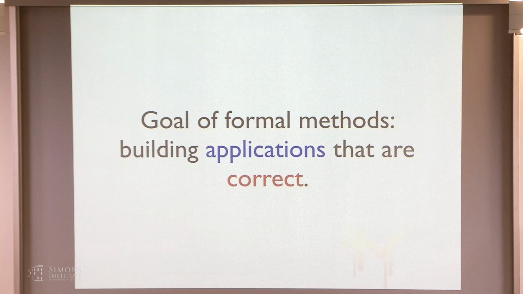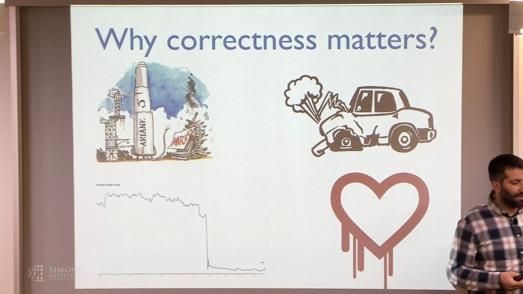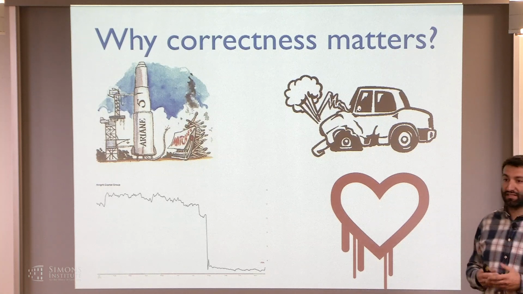Now, why does correctness matter? I hope I don't have to make this too explicit here, but in general, we want correctness because we want to avoid critical failure. We don't want to have implemented all our application and then not have the property that we expect.